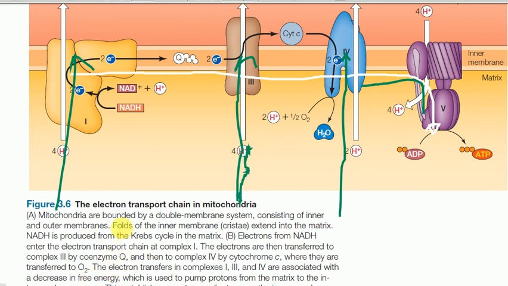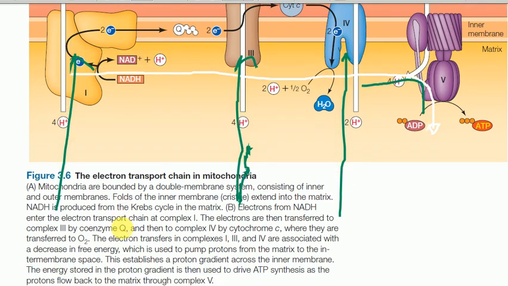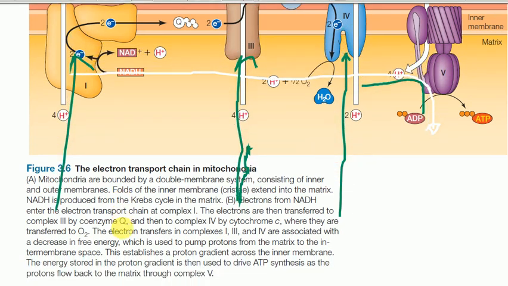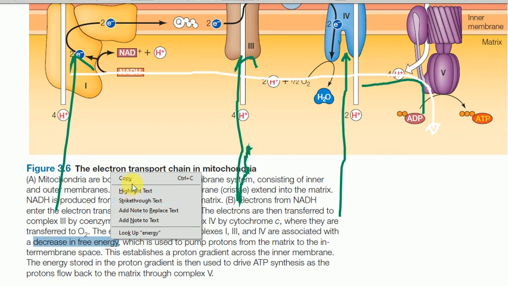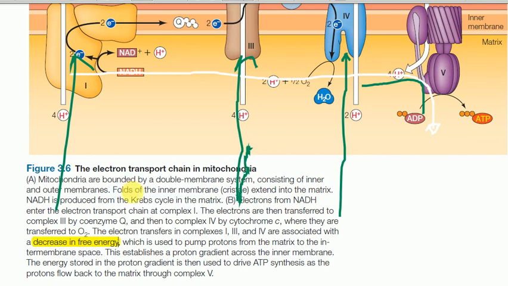So the electron transfer in complex 1, 3 and 4 is associated with a decrease in free energy. Electron transport in complex 1, 3 and 4 is associated with a decrease in free energy.